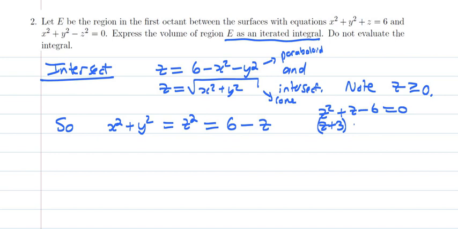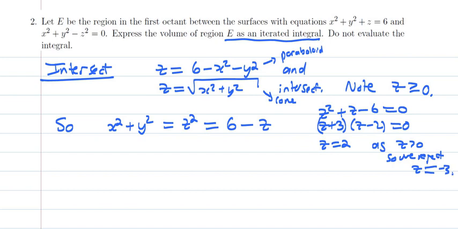So I get z plus 3, z minus 2 is equal to 0. So z is equal to 2 as z is positive. So we reject the possibility that z is minus 3.